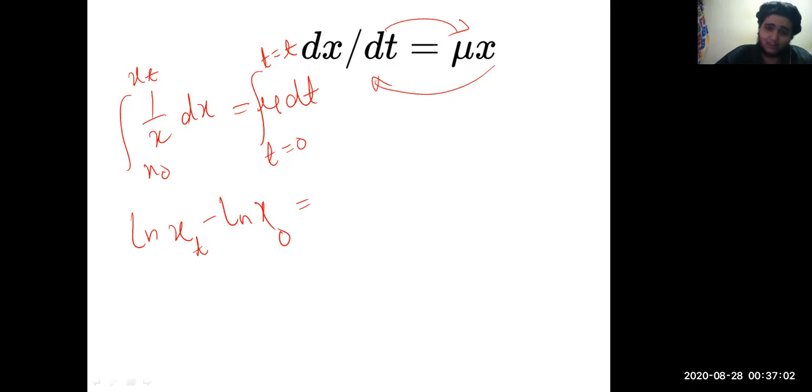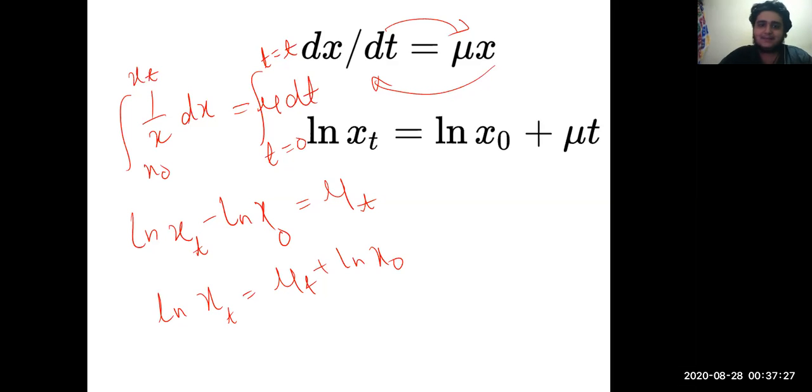And over here again, I have mu as a constant, and mu times 0 is 0, so I'll just have mu t, right? I can again rearrange the terms, so I'll get ln xt is equal to mu t plus ln x naught. This is the equation basically.